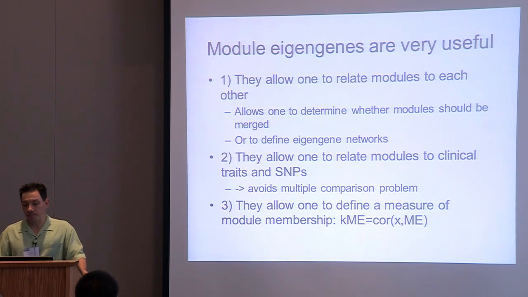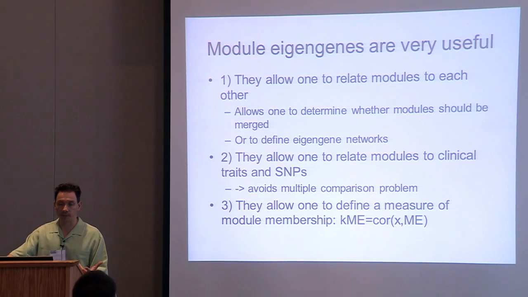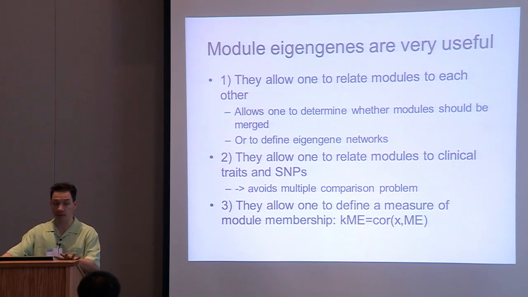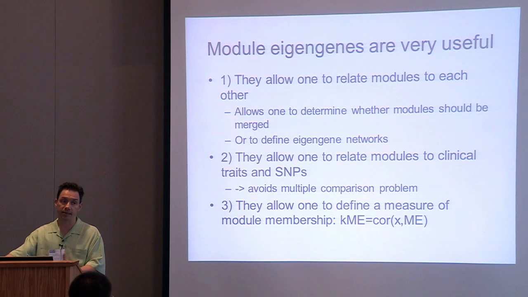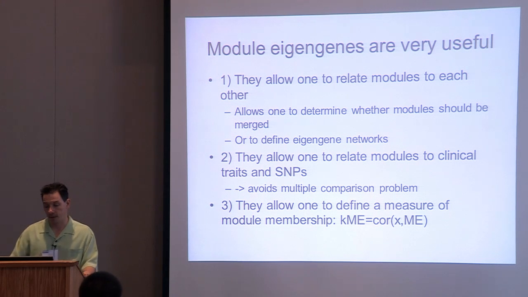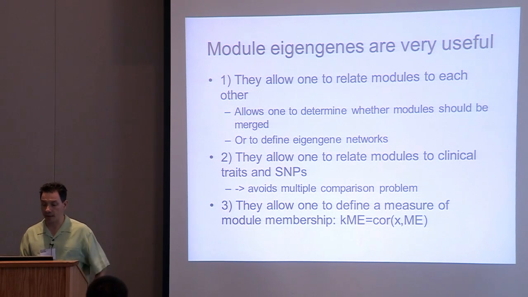And by focusing on module eigengenes as opposed to individual genes, we avoid the multiple comparison problem. So, instead of relating 50,000 transcripts to disease status, we may relate 50 modules, or more precisely 50 module eigengenes, to disease status.